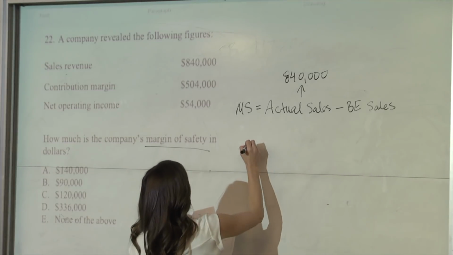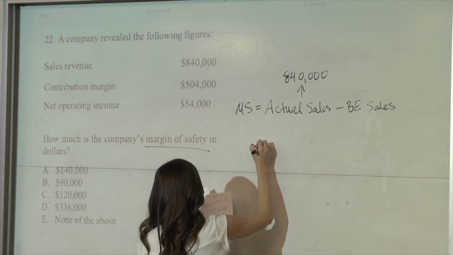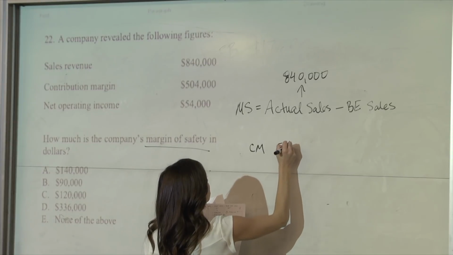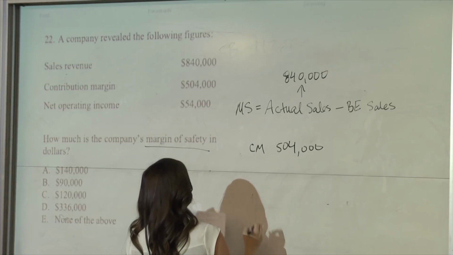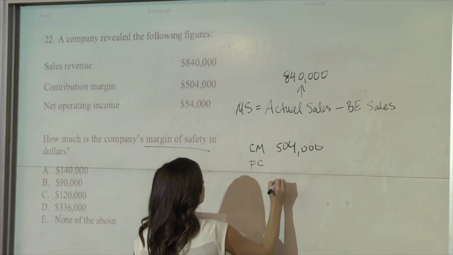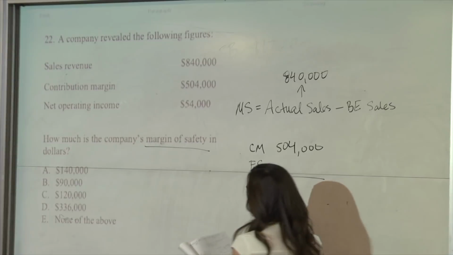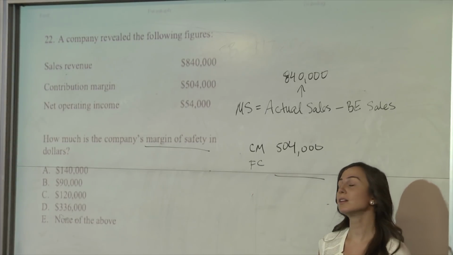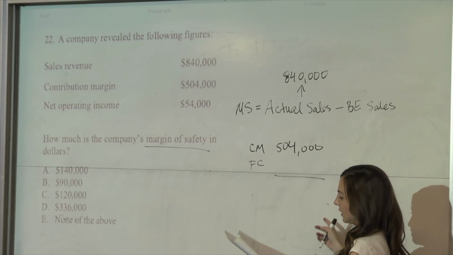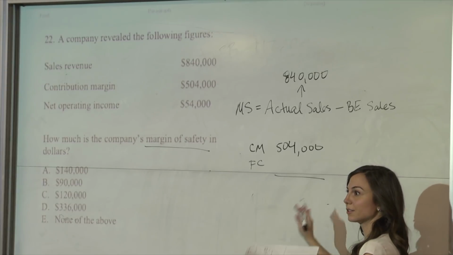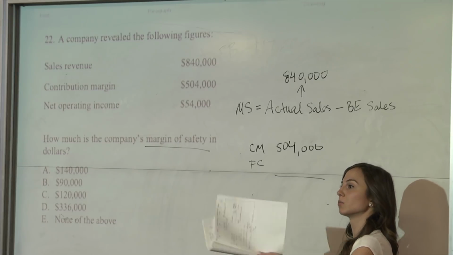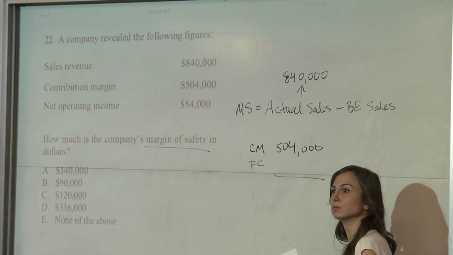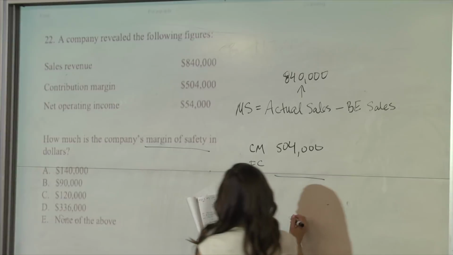So we know that the contribution margin is $504,000. We don't know what our fixed costs are. We always need to know what our fixed costs are, as you'll see in a moment, because we're going to work through the same equation: profit equals sales minus variable costs minus fixed costs. So we need to find this.